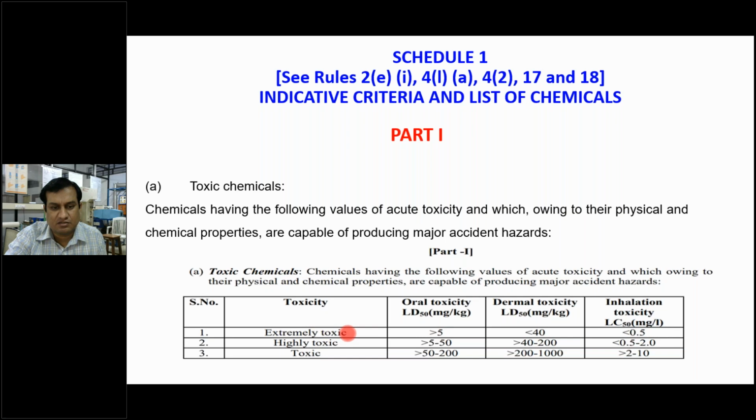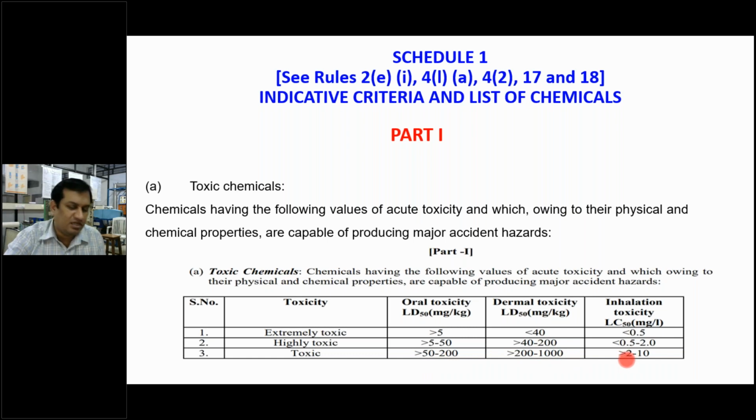extremely toxic case. Likewise, you can understand from 5 to 50, LD50 oral, highly toxic. Then from greater than 40 to 200, LD50 dermal toxicity, highly toxic. And then here it is more than 0.5 to 2, through the inhalation, LC50 highly toxic, and likewise again for the toxic: 50 to 100, 200 to 1000, and 2 to 10.